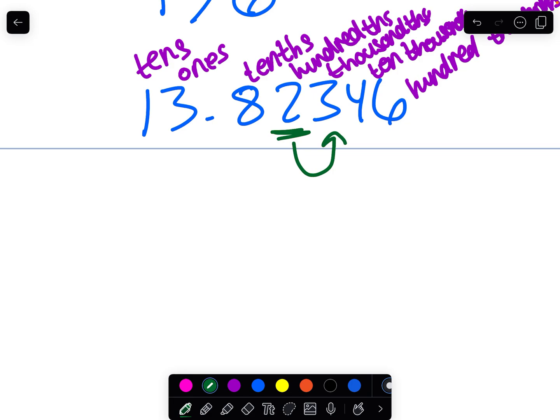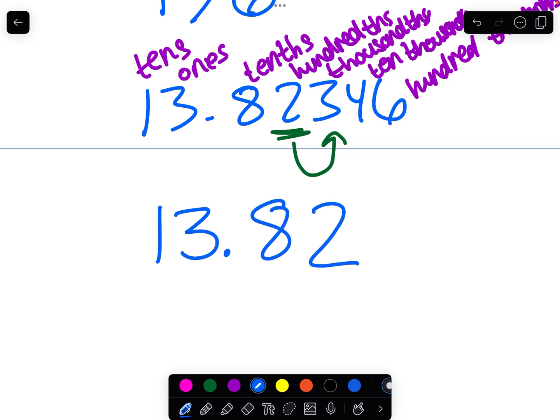So really what we're going to do is not change this 2, and our answer is going to be 13.82. And everything else to the right just gets dropped. Let me do that in another color so that it's clear. Everything else to the right just gets dropped. And so 13.82346 rounded to the nearest hundredth is 13.82.